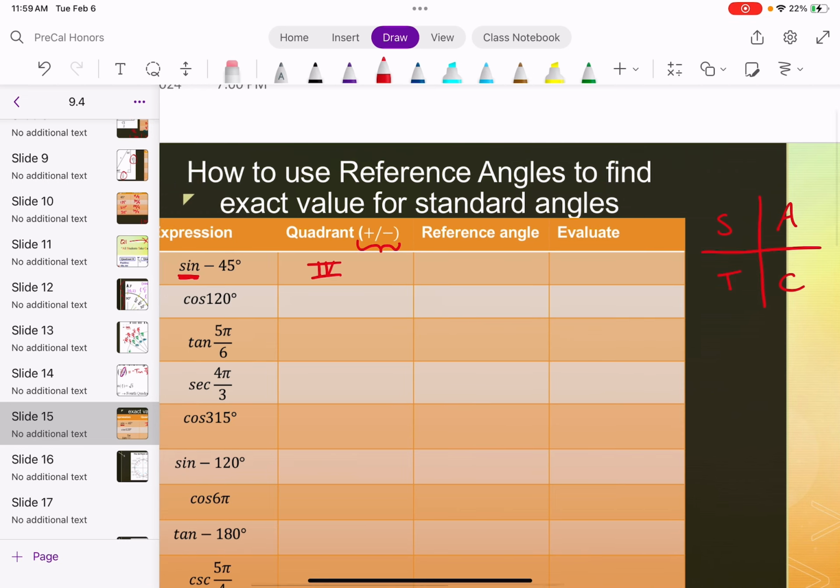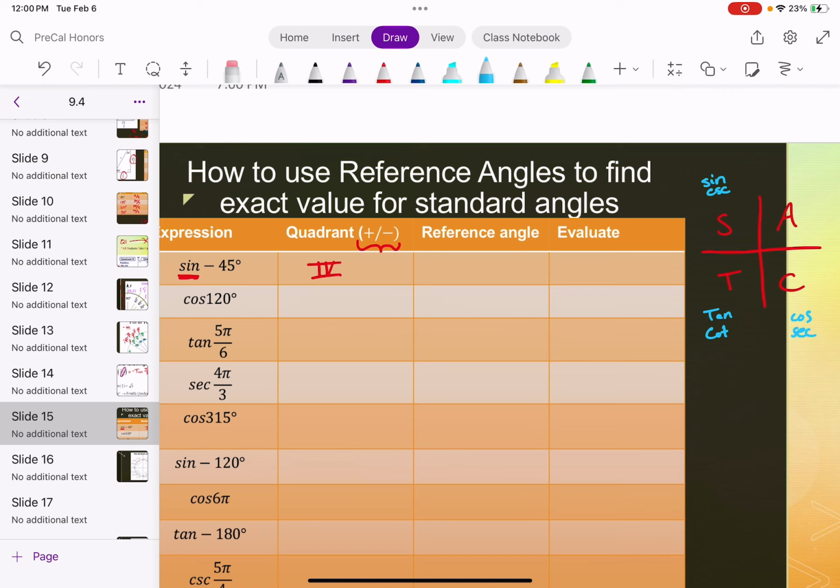In quadrant 2, we have only sine and cosecant that would be positive. In quadrant 3, we have tangent and cotangent, and in quadrant 4, we have cosine and secant, which would be positive.